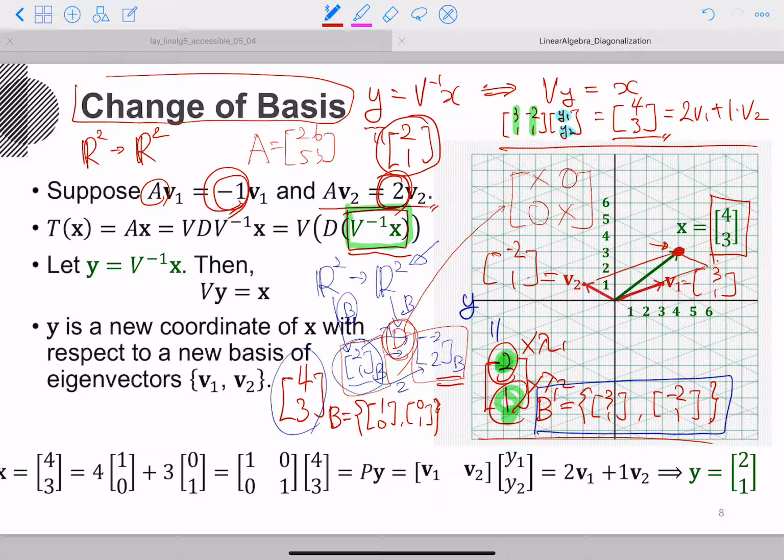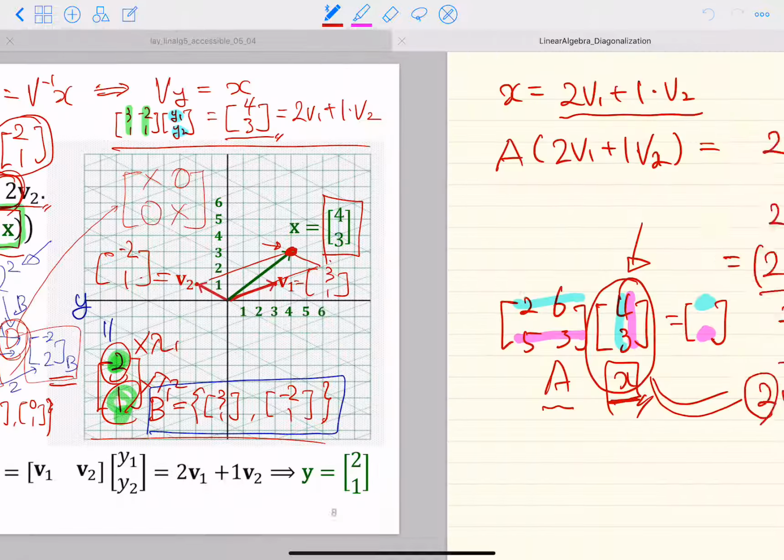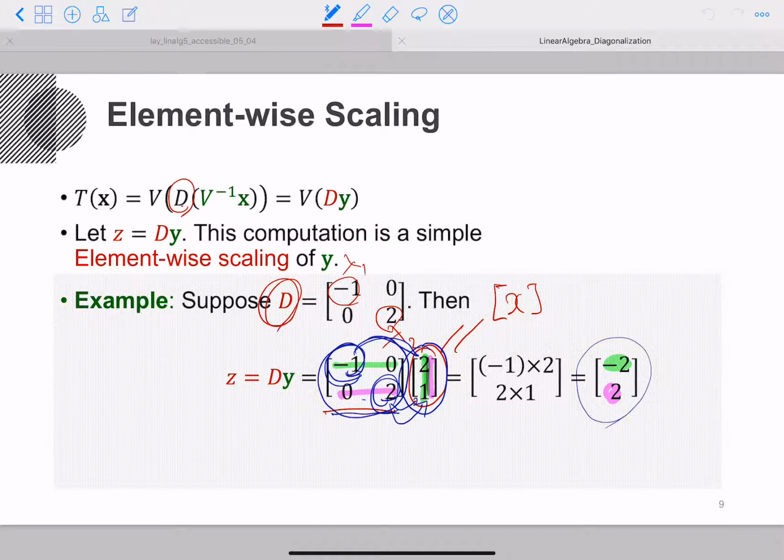So D is just a diagonal matrix, and here this D, when 2, 1 times -2, I'm just rewriting it, and then it is -2 and 2. So what is this? This is an input vector represented with respect to this B, right? So that way we obtain 2, 1.